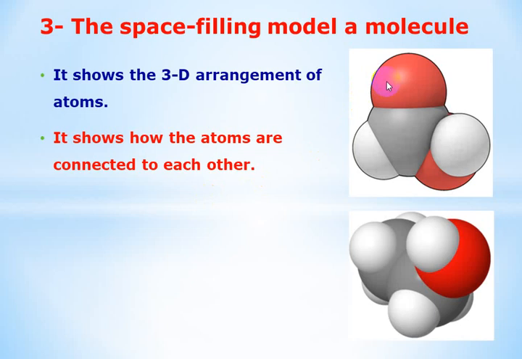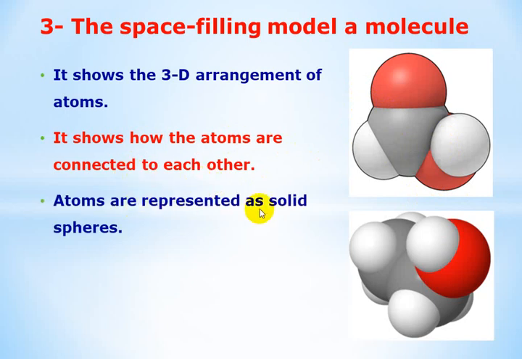Which atom joins which atom? Here, as you can see, this atom joins this atom, and this atom joins with this one, and so on. So it shows how the atoms are connected to each other.